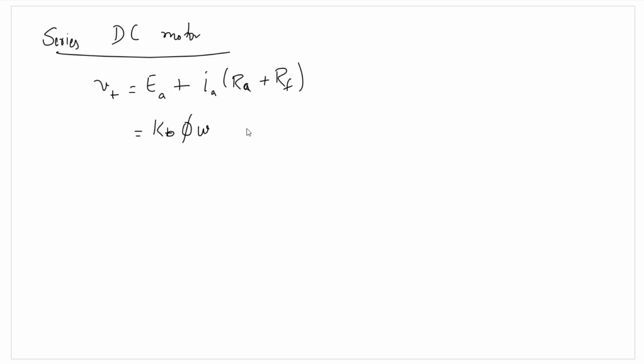Ea here is the back EMF, and Ia is tau divided by Kt phi.